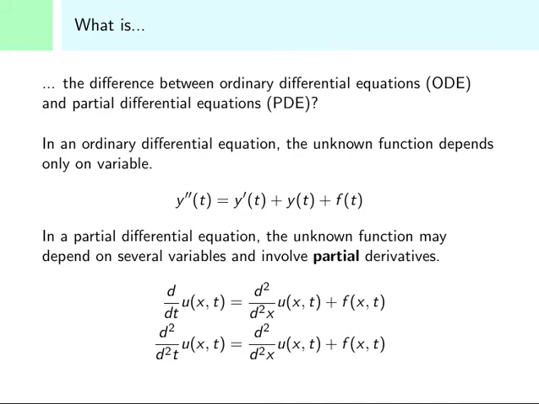The heat equation and the wave equation are both very fundamental examples of partial differential equations. But having discussed ordinary differential equations will be tremendously helpful in also discussing partial differential equations. More about that in upcoming lectures.